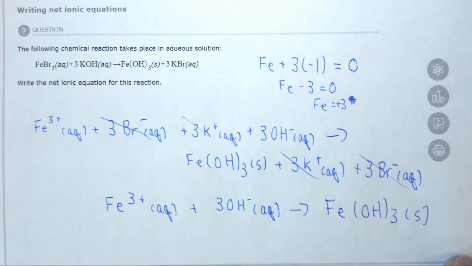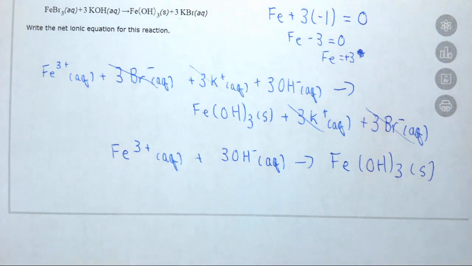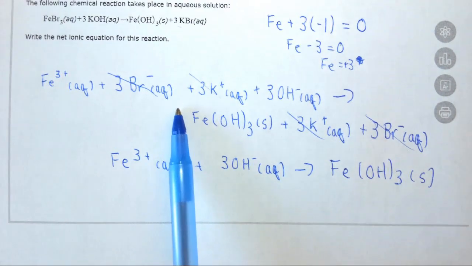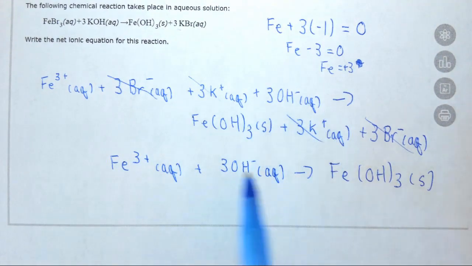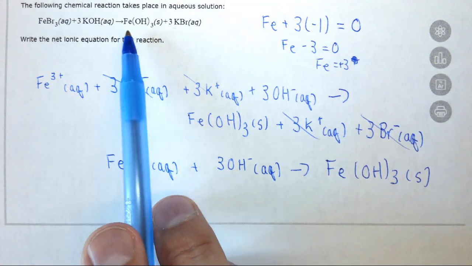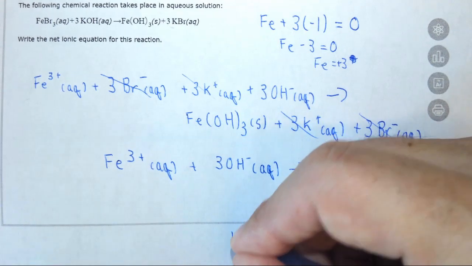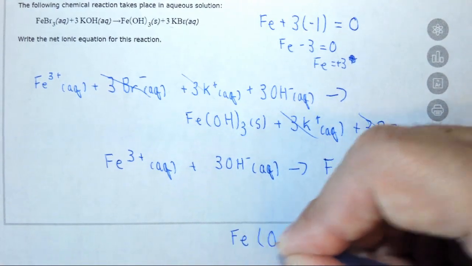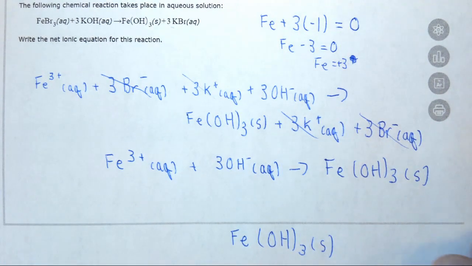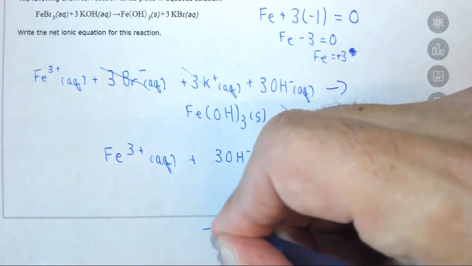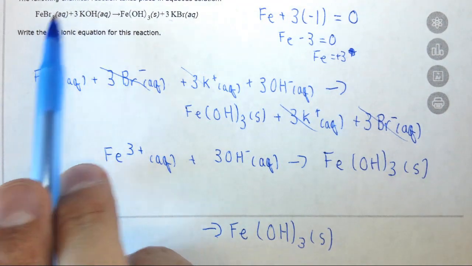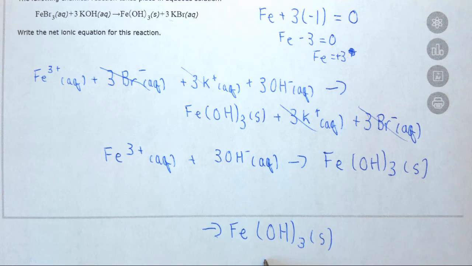Another way to do this that's probably a little bit faster, but it's a good idea to practice doing it this way, especially if you're ever asked for the total ionic equation, is to identify the product that is a solid. So here we have FeOH3 solid. So this is a solid. Well, what ions, because everything is ions on this side because both reactants are aqueous, what ions are required to make this?